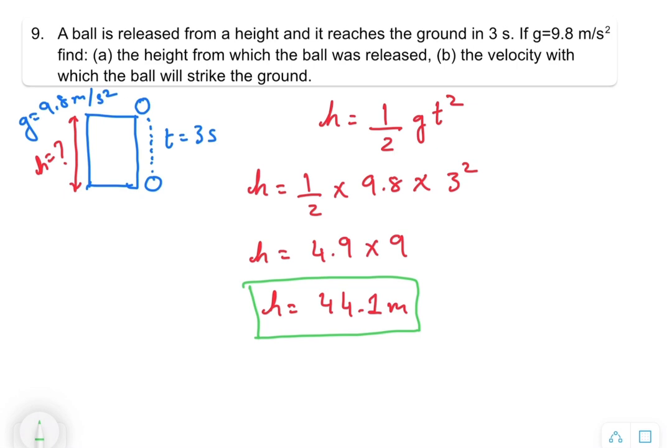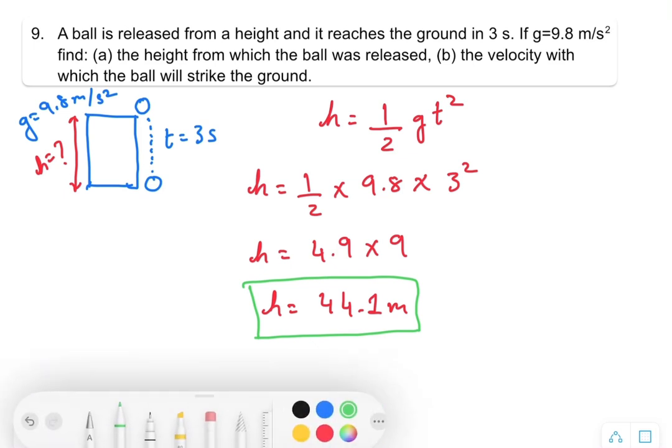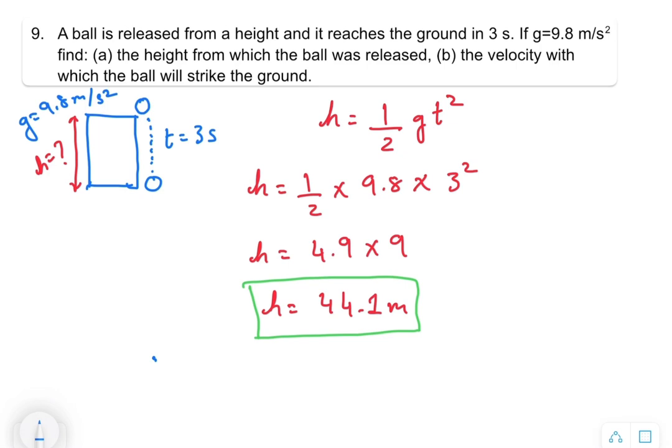Now we are supposed to find the velocity with which the ball will strike the ground. So what is the velocity with which it will strike the ground? So let us use this equation. V equal to G multiplied by T. V is equal to 9.8 meters per second square multiplied by the time, which was 3 seconds.